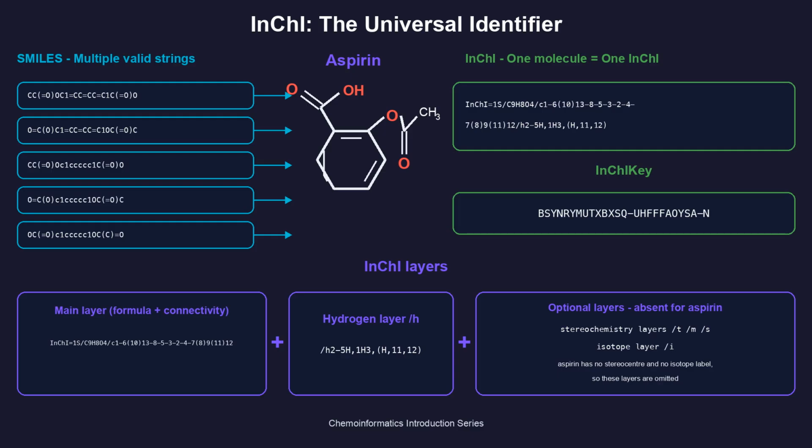The main layer contains the molecular formula and atom connectivity. Additional layers encode stereochemistry and isotopes. The InChI key is a fixed-length 27-character hash that's perfect for database searches. Think of SMILES as a description and InChI as a fingerprint. One molecule, one InChI always.